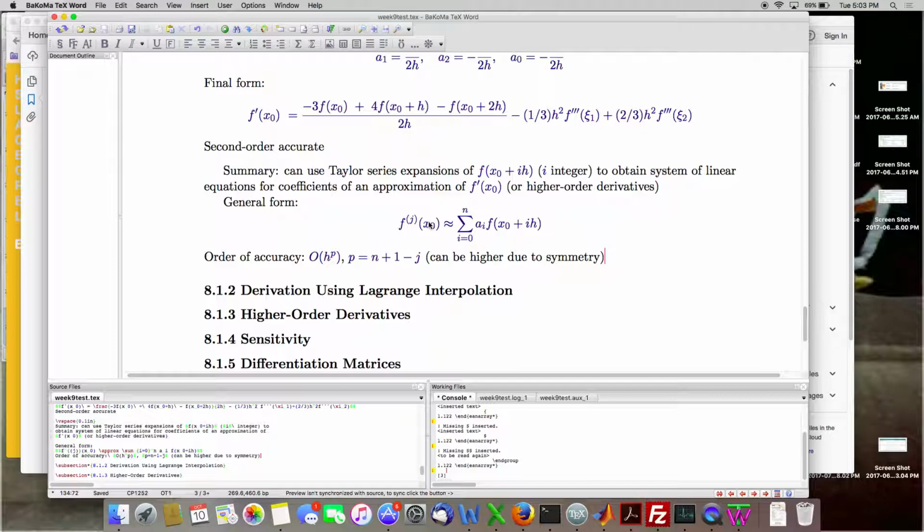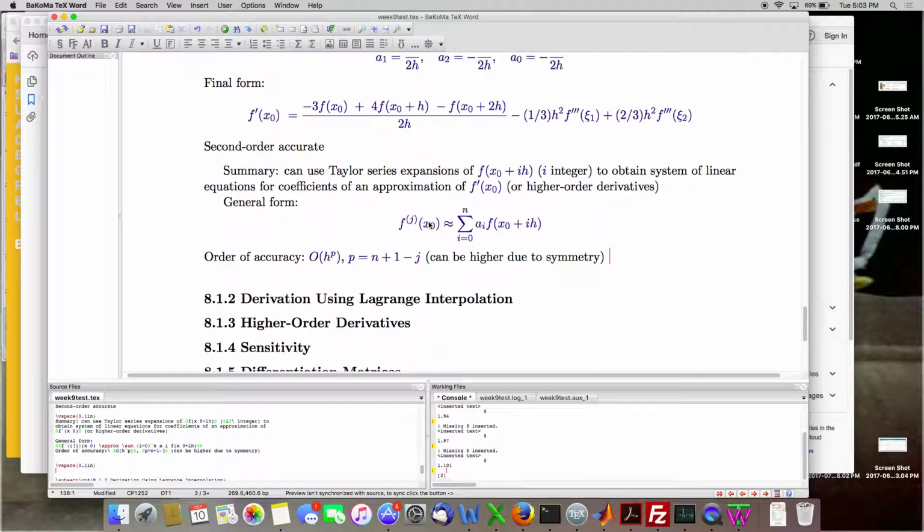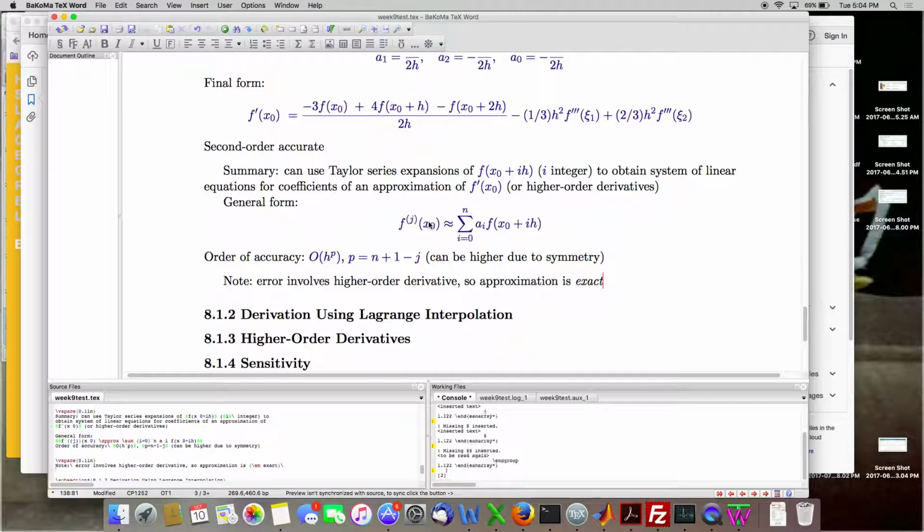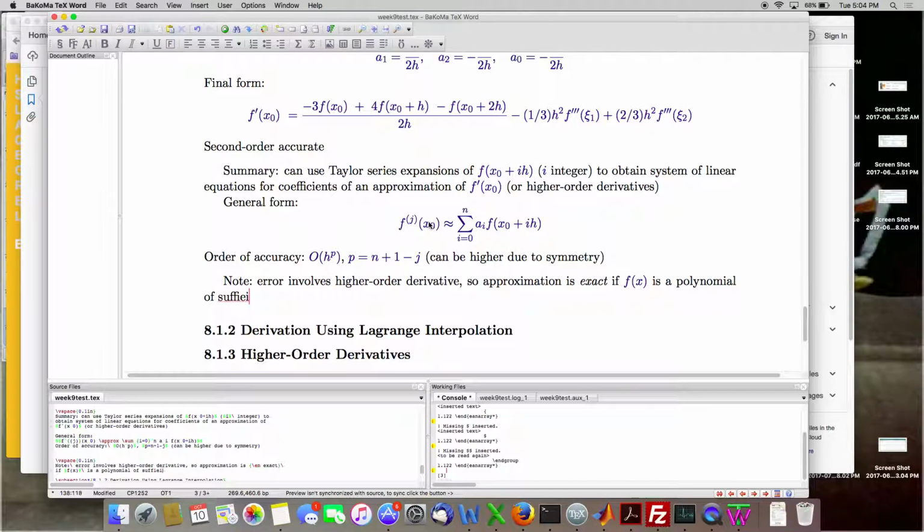Now the last point I want to make is a segue into what I'll talk about on Thursday. The error term involves a higher order derivative. What that means is the approximation is exact if f is a polynomial of sufficiently low degree.